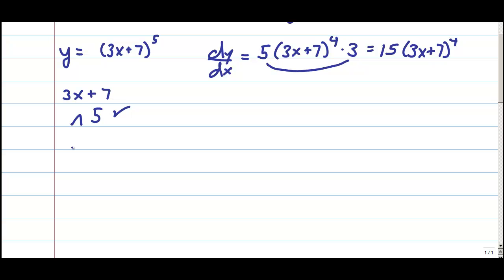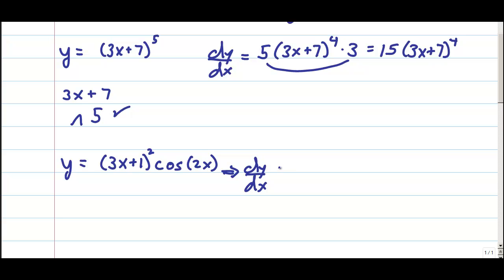So for example, let's suppose that we've got y equals (3x plus 1) squared times cosine 2x. Now, of course, this is a product. So when we talk about dy/dx, we're going to take the derivative of the second. That's going to be negative sine 2x times 2. Don't forget the chain rule.